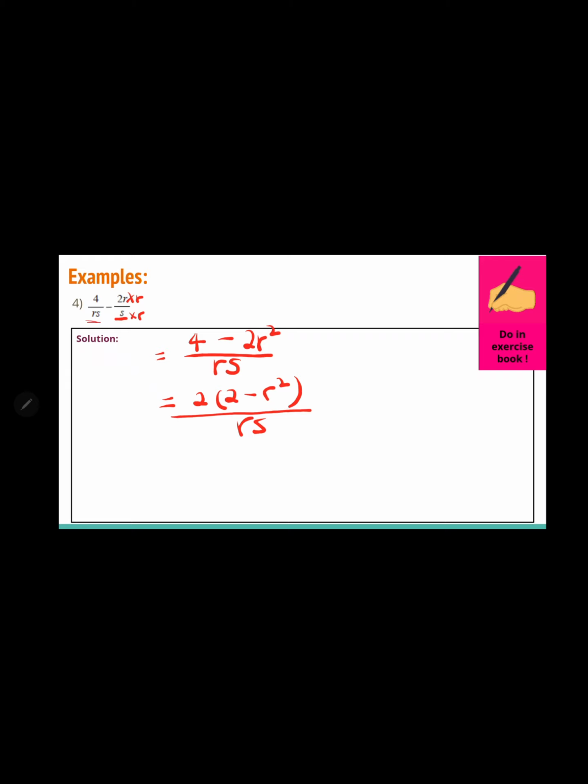So you can leave your answer on the first line or the second line. No problem. 10 seconds for you to copy. No need 10, right? 5. Easy. This is not the common denominator one, but the easy one we can do. So we see the next example.